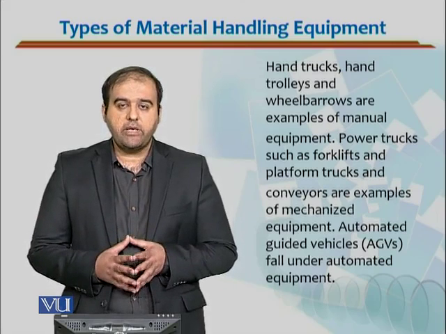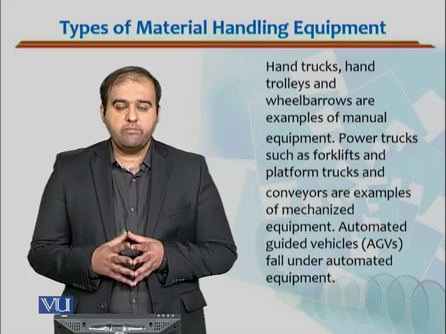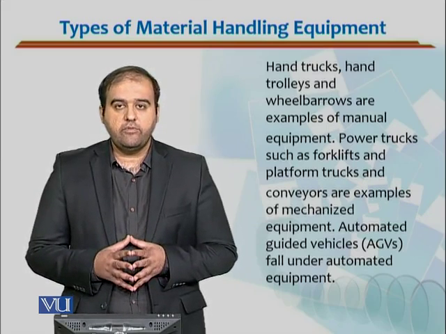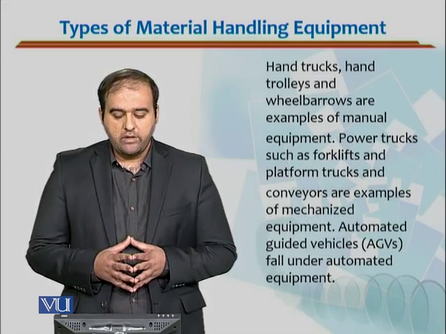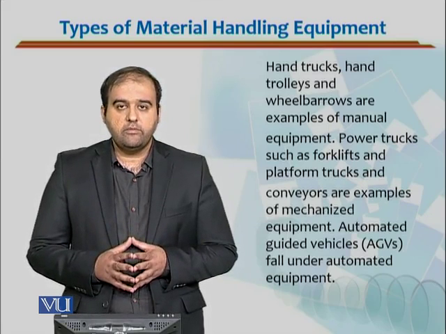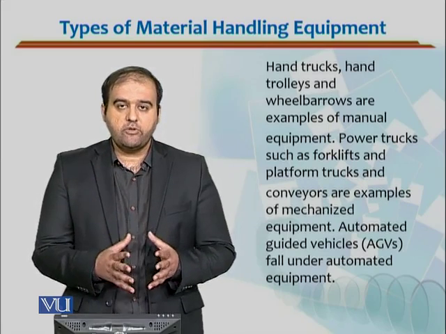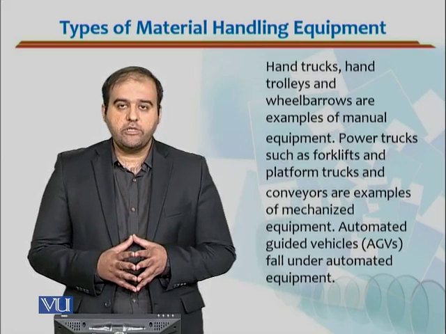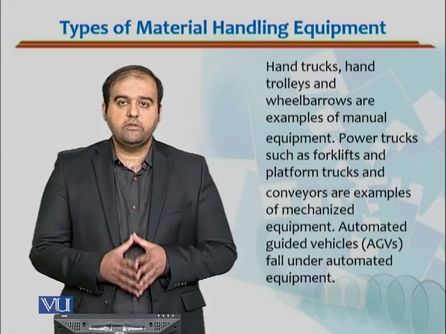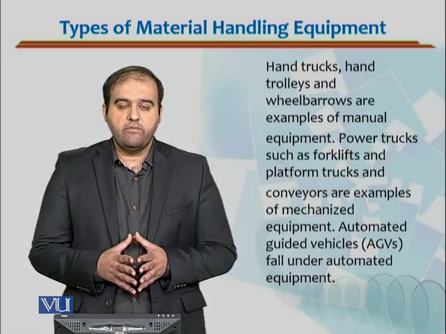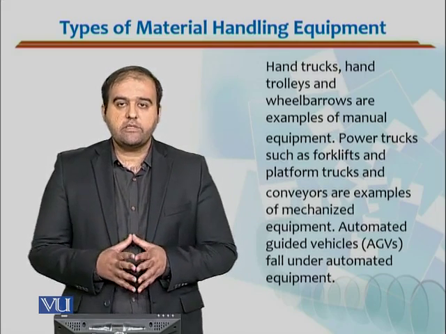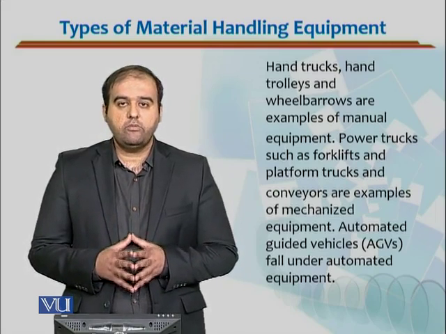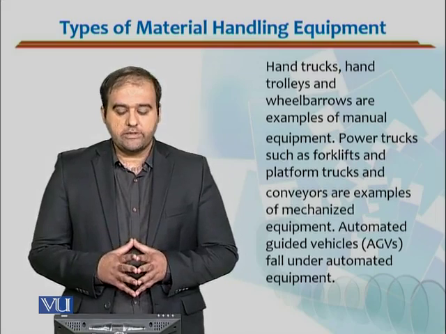So mechanized equipment is operated by someone, and there are automated vehicles as well, like AGVs. In terms of classifying by the extent of automation, there would be manual material handling equipment, some mechanized material handling equipment, and of course some automated material handling systems as well.